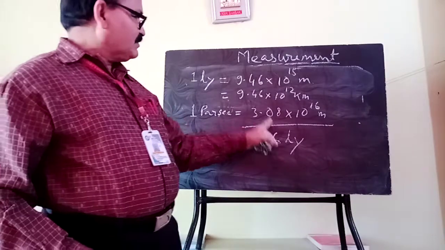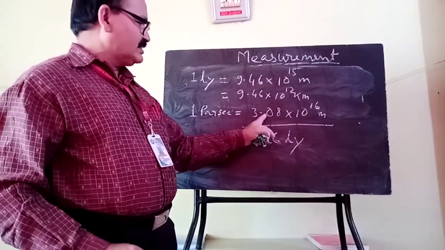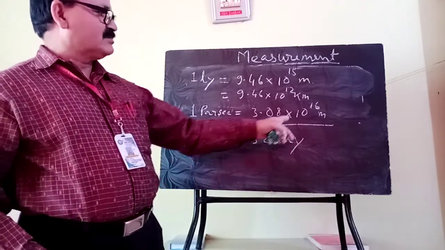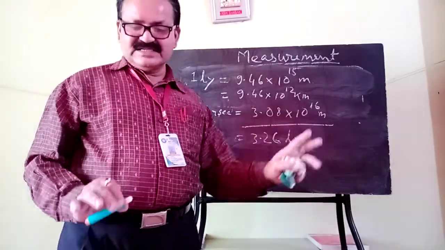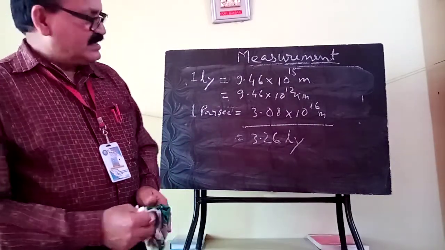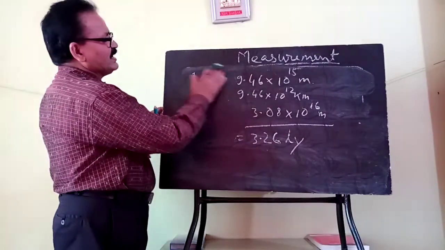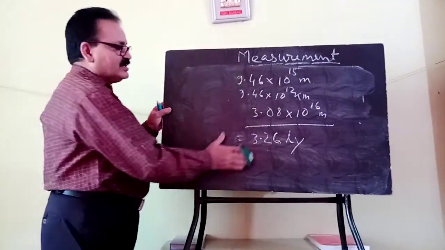When you multiply with this data, 9.46 into 10 to the power 15, you will get this value, 3.08 into 10 to the power 16. It is clear. This is about the parsec, and this is the relation between the SI unit and the bigger unit of distance.